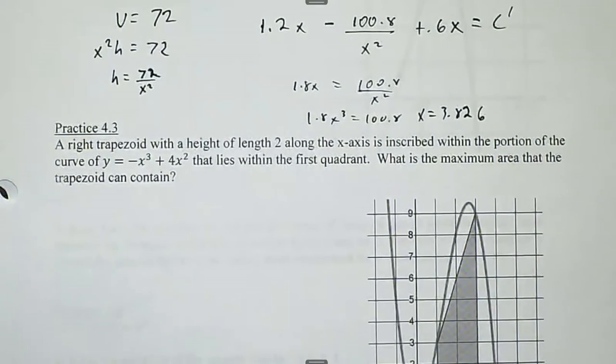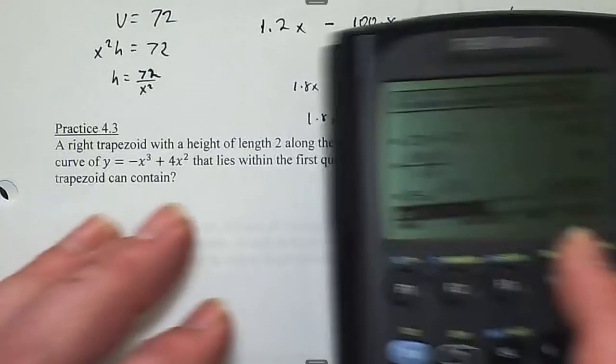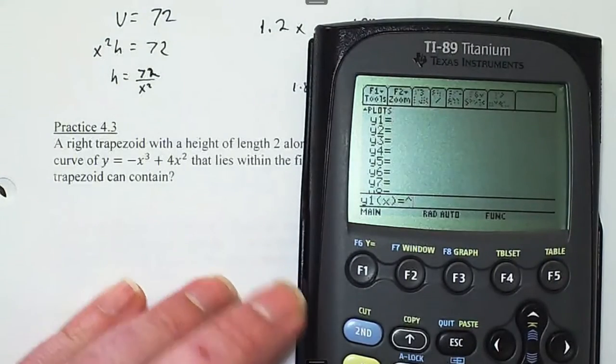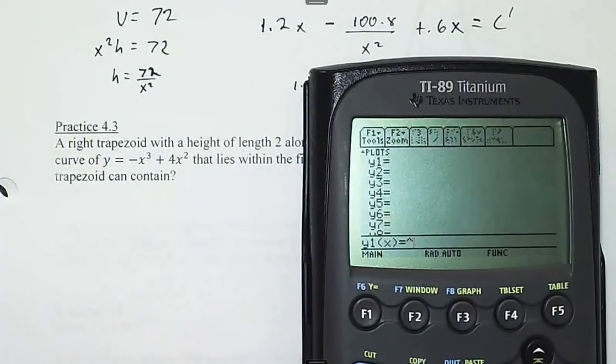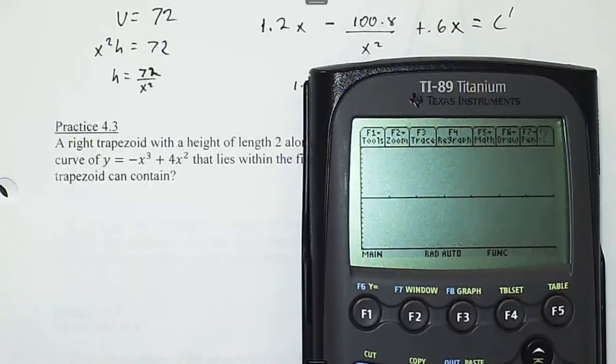All right. Now, it would be actually nice to graph the derivative, because then I think we could see something, right? We could see whether it's going from negative to positive. So let's go ahead and graph it. So all that algebra, and I threw it away, I know. So that was 1.2x minus 100.8 over x squared plus 0.6x. And I'll graph it.